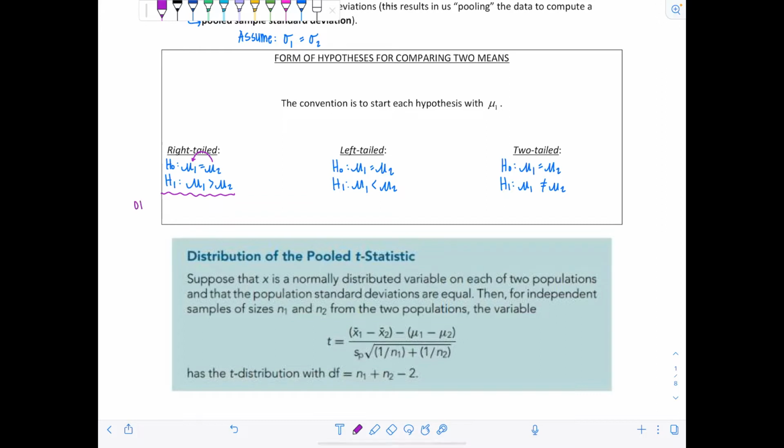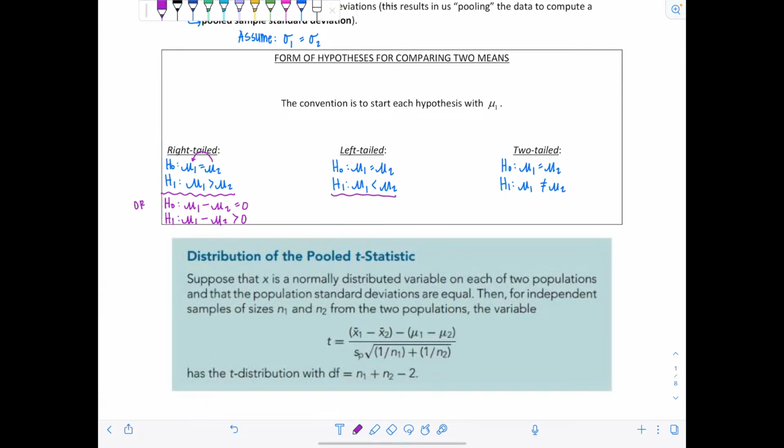Another way that you would see the null is written as mu1 minus mu2 equals 0. And then the alternative would be mu1 minus mu2 is greater than 0. And then same thing for the others.